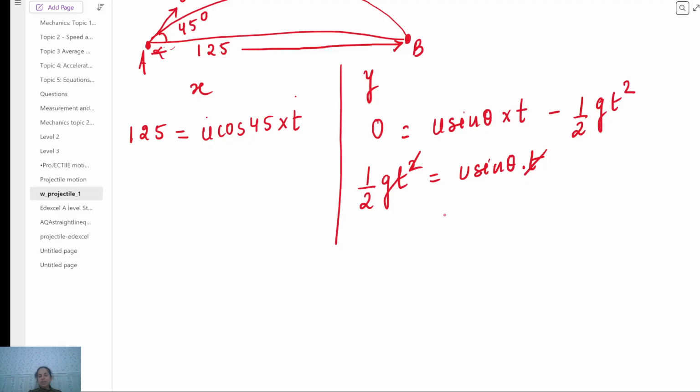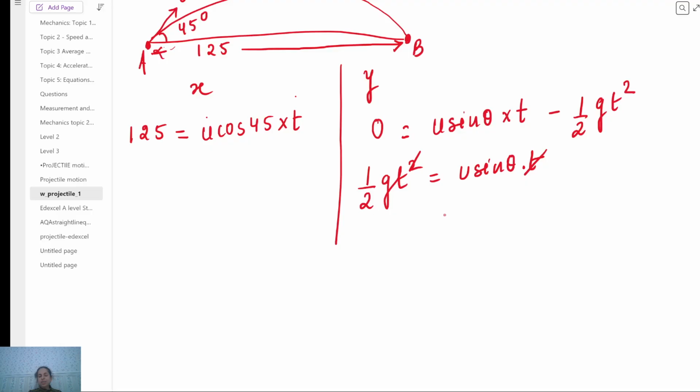So I'm writing this 10 here. Now this root 2 times root 2 is 2, this 2 and 2 cancel, so 10. So my u squared is coming as 1250. You can use your calculator. So u is the square root of 1250. That's my speed.